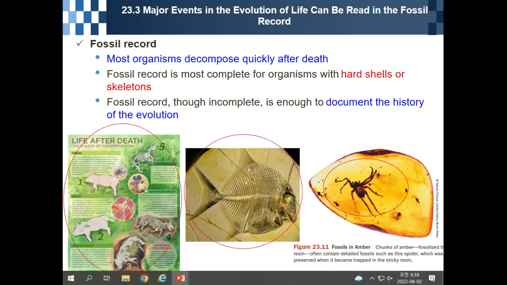This made Jurassic Park, using the information in the blood. So the fossil record, though incomplete, is enough to document the history of evolution.